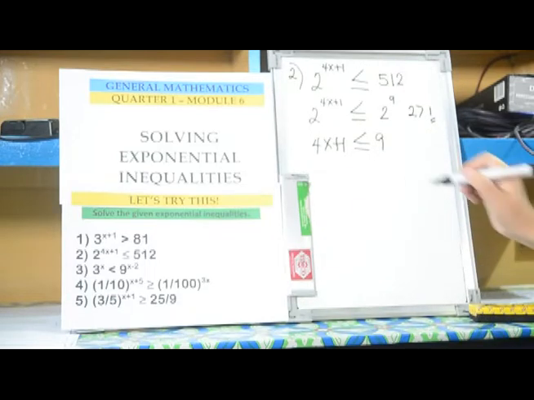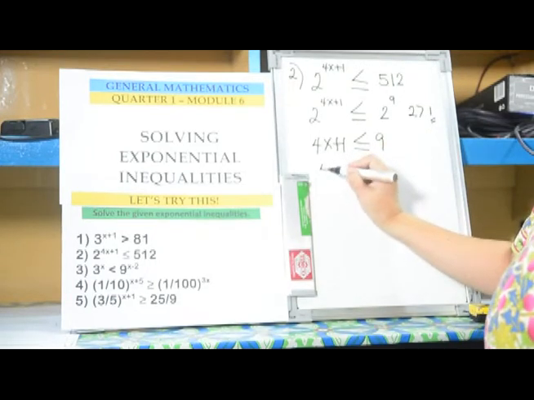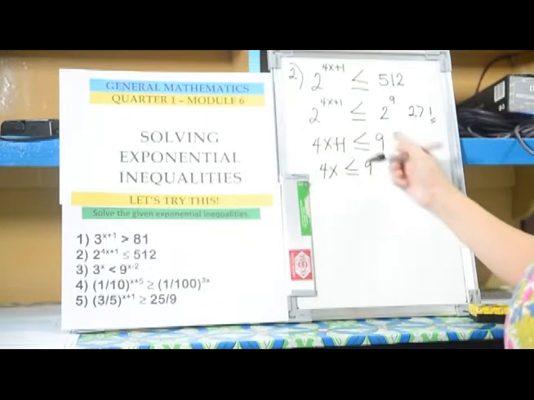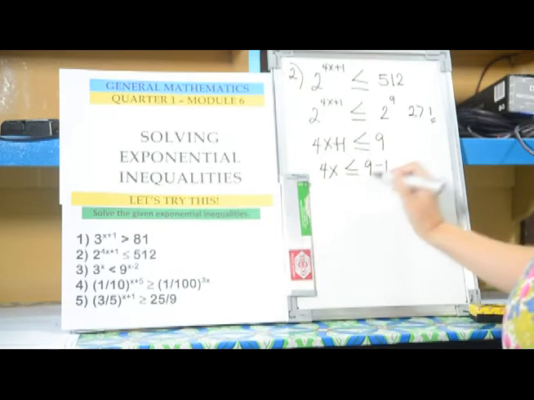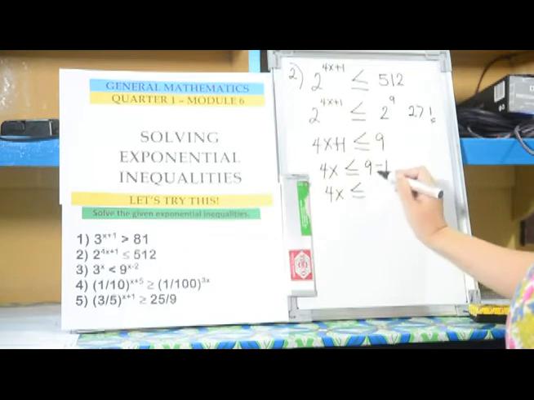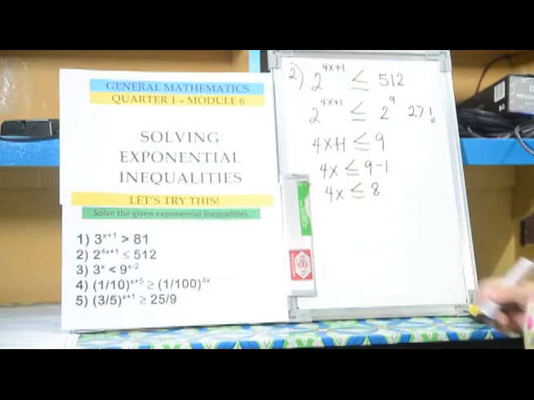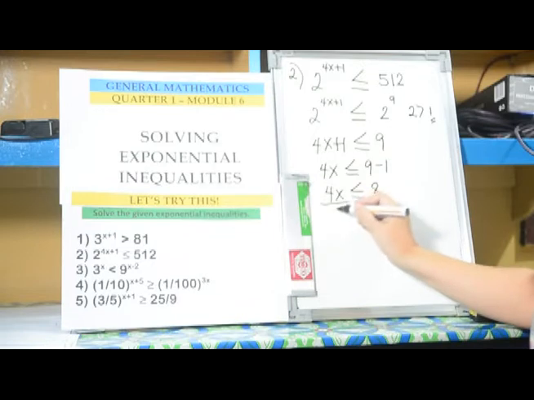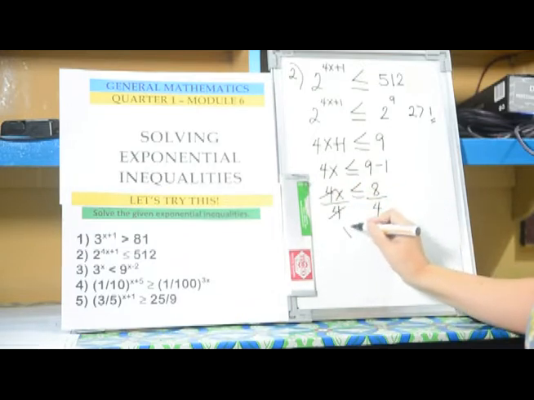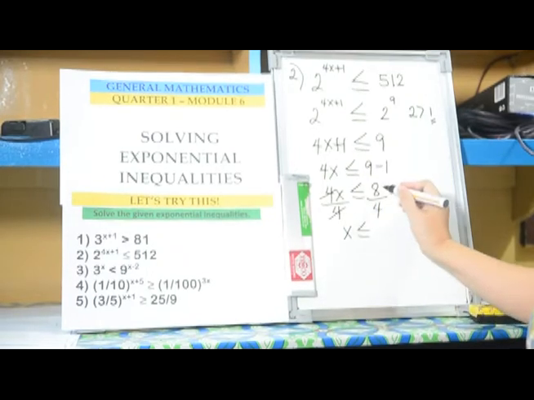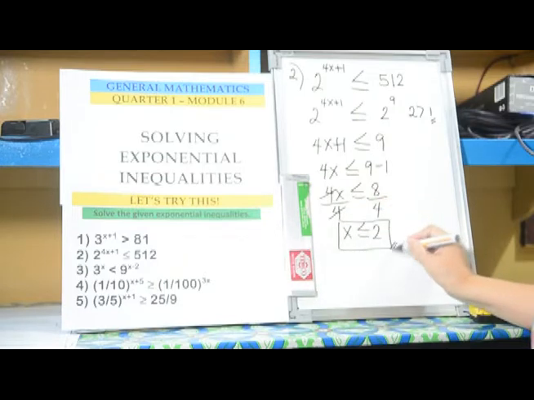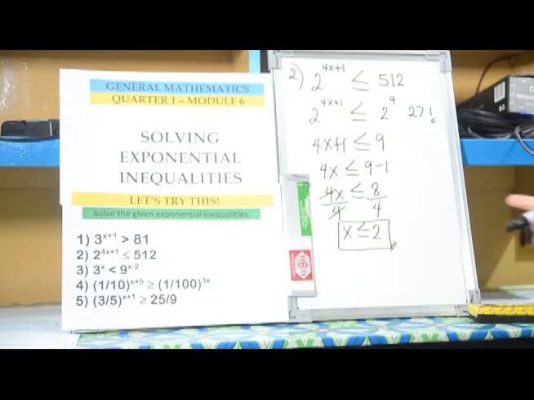Solving for x, 4x is less than or equal to 9, transposing the 1 to the other side, minus 1. So you have 4x is less than or equal to 8. To get the value of x, let's divide both sides by 4. So x is less than or equal to 8 divided by 4, which is 2. For this one, x is less than or equal to 2.